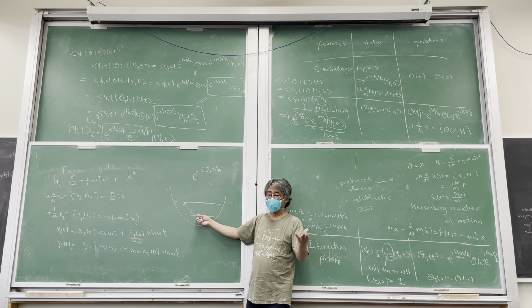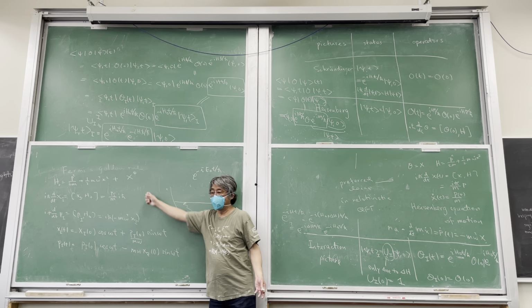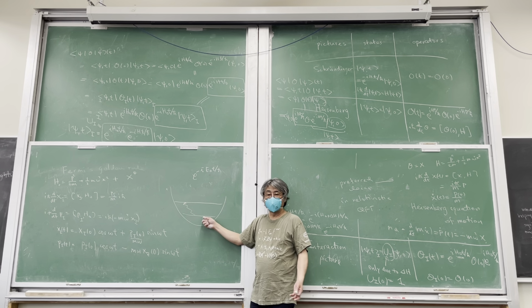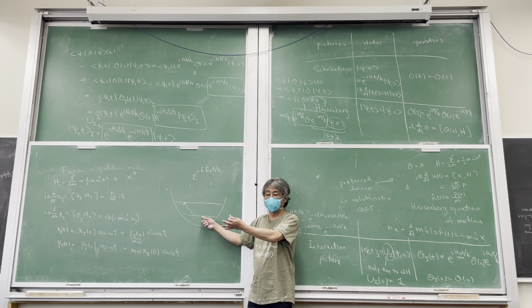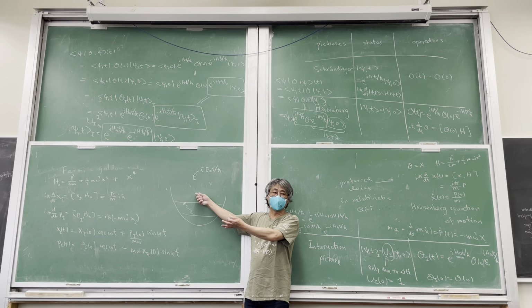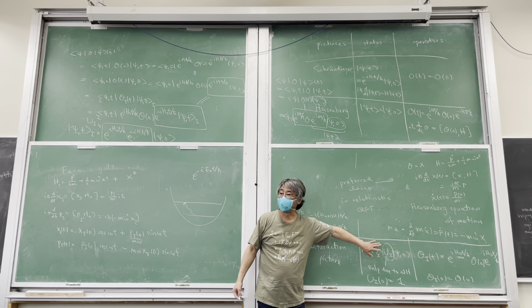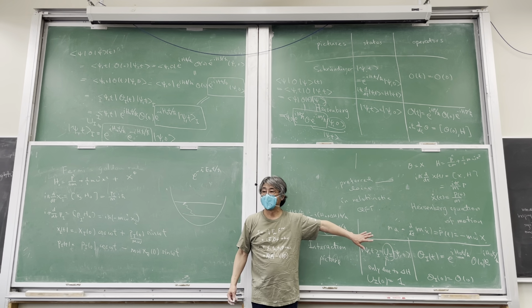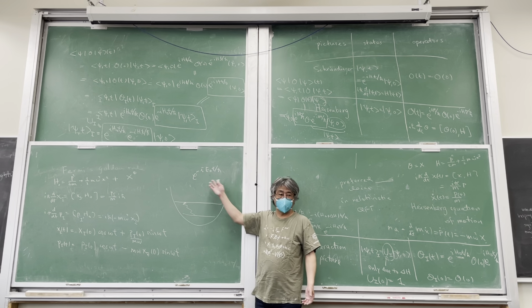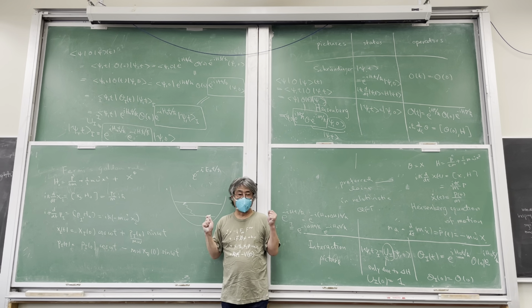But what you are interested in is the impact of the perturbation that will let one eigenstate of H naught change to another eigenstate of H naught. That's what you're trying to capture in this time evolution operator UI. So you're removing the trivial part of the problem.